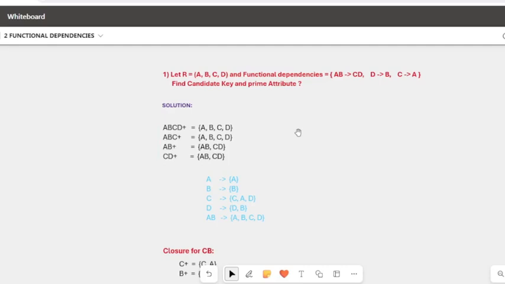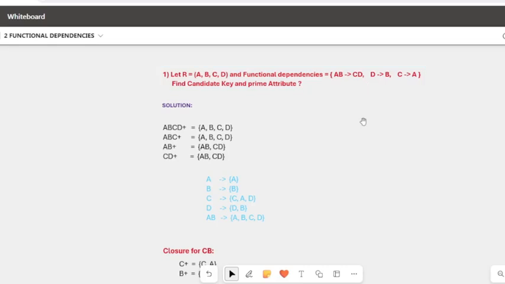The basic method of identifying the primary attribute is to find the closure of each and every attribute and of each subset combination of the attributes. So if we want to identify a primary key for this problem, first we find A closure, B closure, C closure and D closure, then AB closure, AC closure and AD closure, likewise BC, BD, CD, and ABC, ABD, BCD, and finally ABCD.